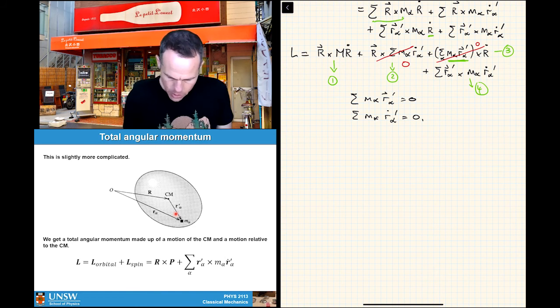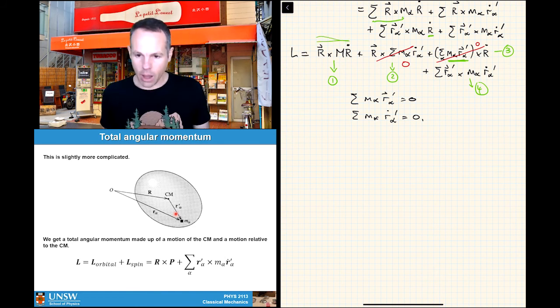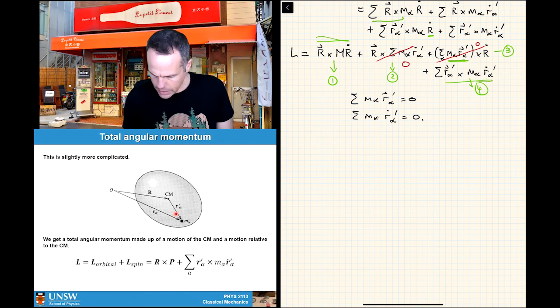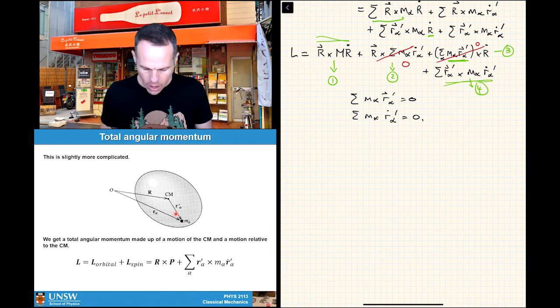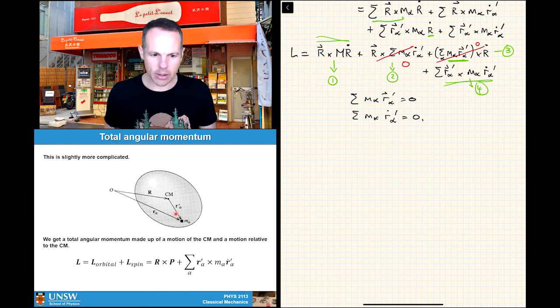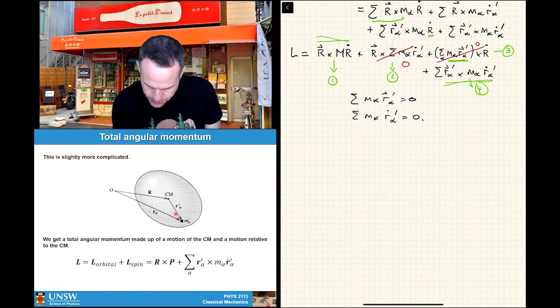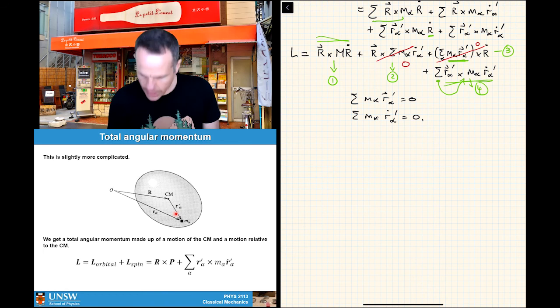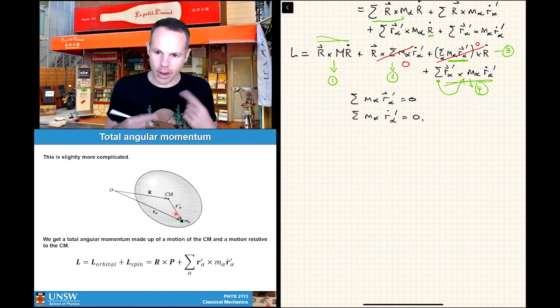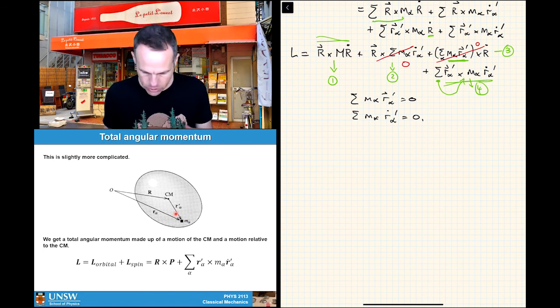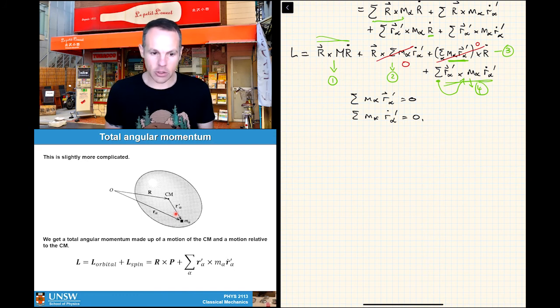You'll notice that this term out the front stays alive, and this term on the end here stays alive as well, because of the cross product that's hanging around inside it, okay? You'll notice that I can't really pull the sum from this position here into that position there, so that I can cancel out the center of mass like I can in 2 and 3. It's got to hang.